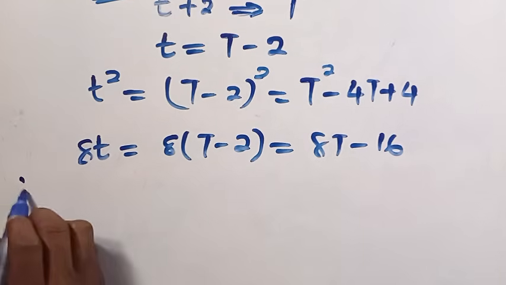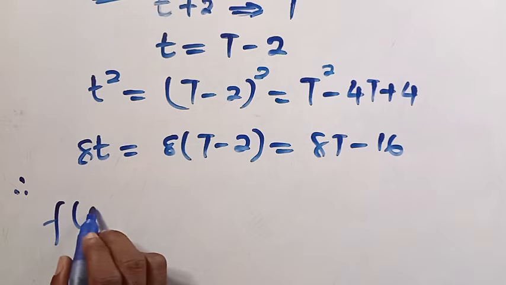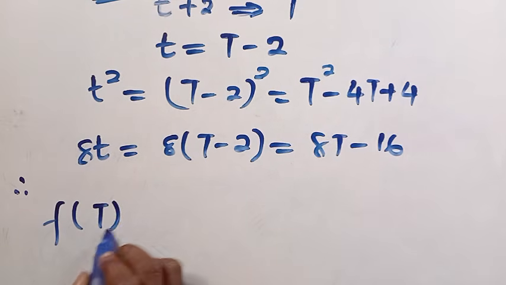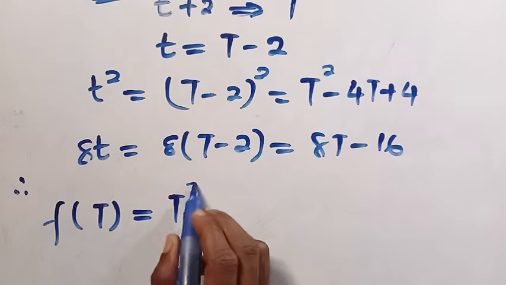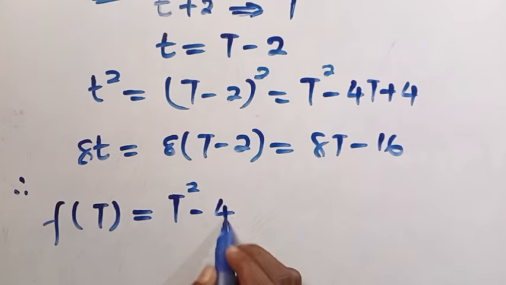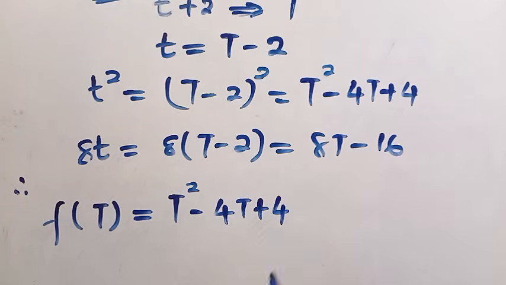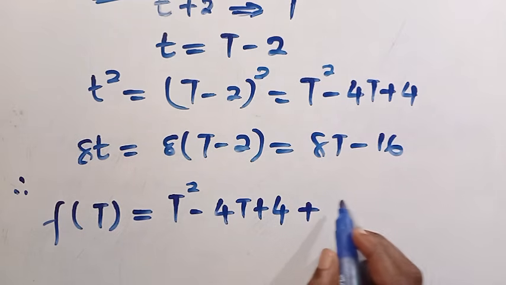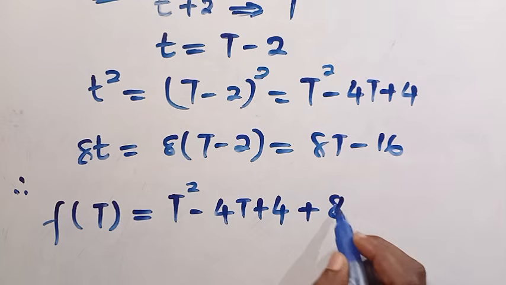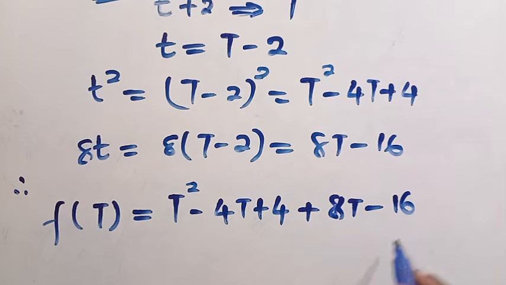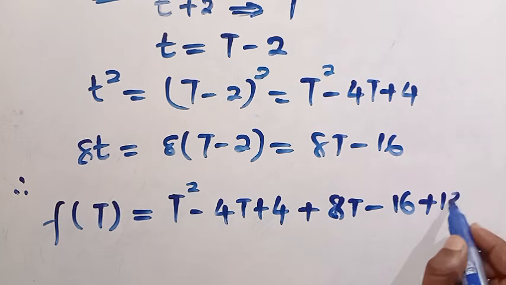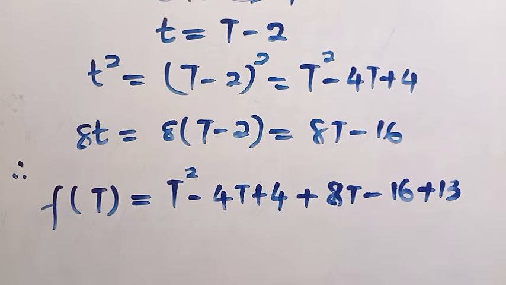Therefore, substituting back, we have f of capital T equals t squared minus 4t plus 4, plus 8t, whereby 8t is given as 8T minus 16, then plus 13, the constant.